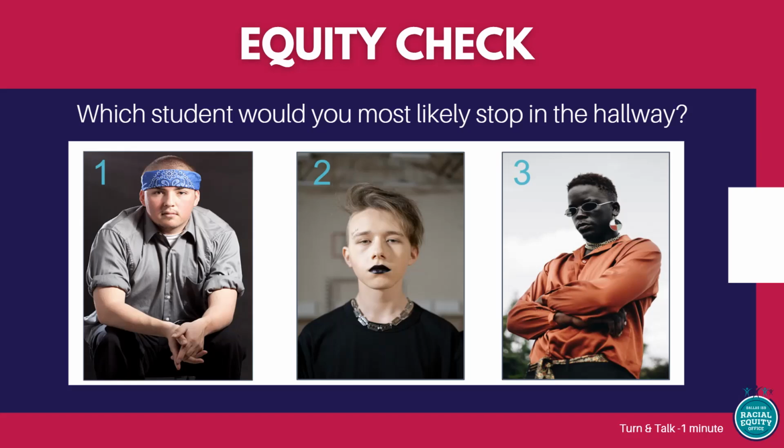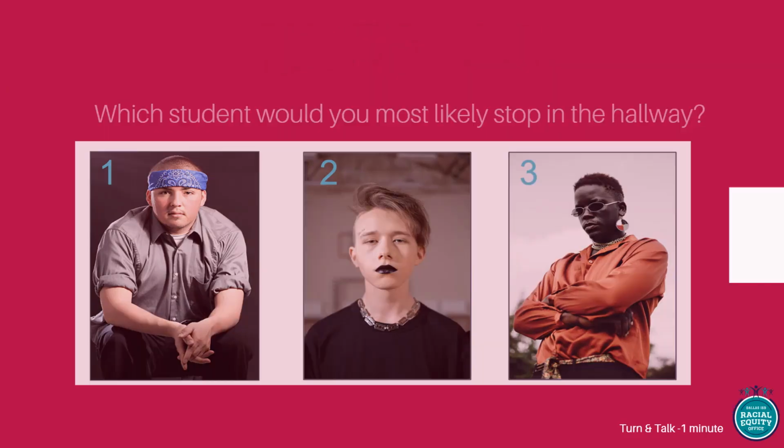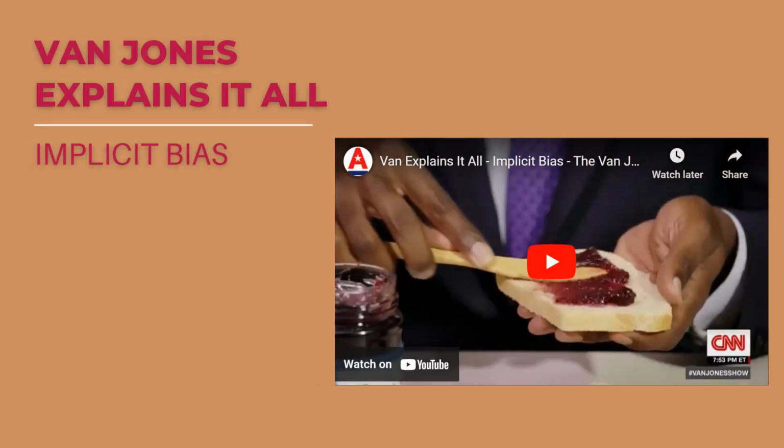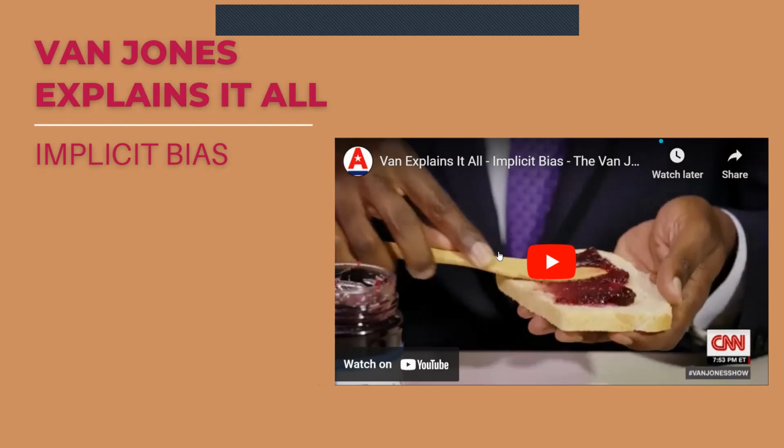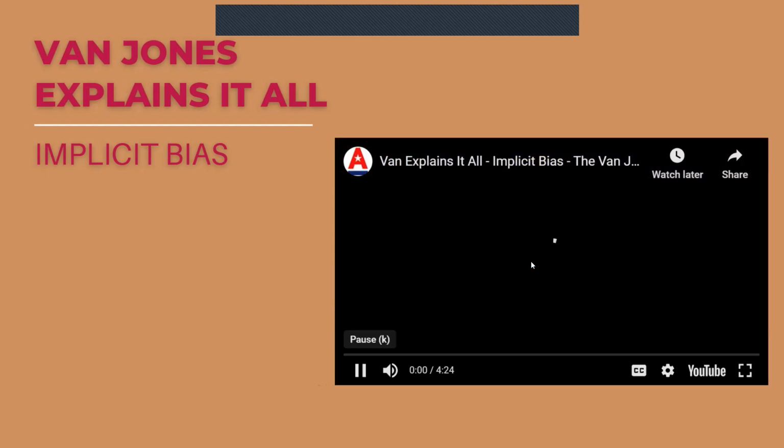I've seen this movie before. So there's my implicit bias. But let's get a better understanding of that, and Mr. Vaughn Jones does a good rundown and explains what implicit bias is.